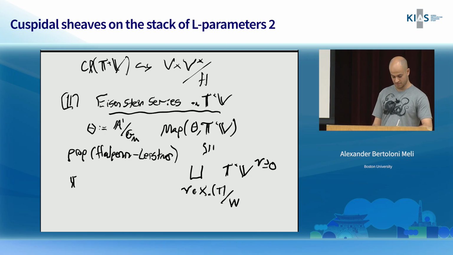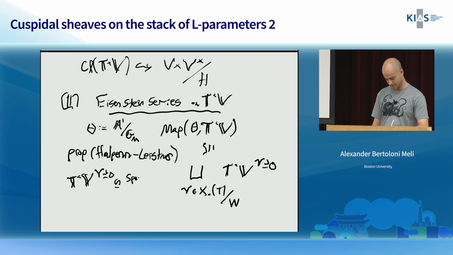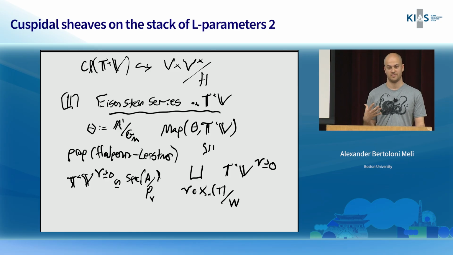So this T star V, nu greater than or equal to 0, is going to be isomorphic to spec A mod P nu, where A is some DG algebra, and P nu is the parabolic associated to nu inside G.